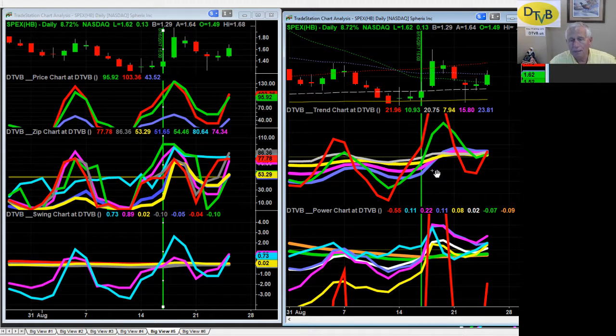You may not be aware of it, but the trend trio is the first of the three groups that make up the short-term trend, and the trend trio moves faster than the other two groups. The other two groups are Power Orange and Green, and Swing Red and Green. Those three groups, those seven lines, we look at for the short-term trend.